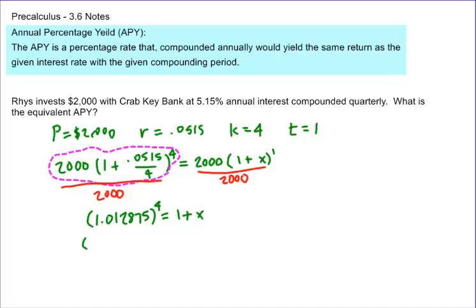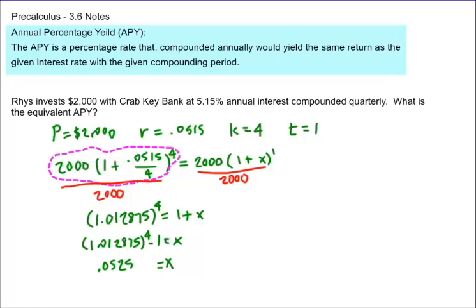We're going to just take 1.012875 to the fourth and subtract 1. And that will get me my value of x. So punch that into your calculator. And it spits out that x is equal to 0.0525.